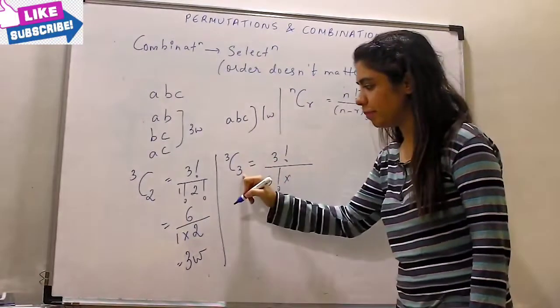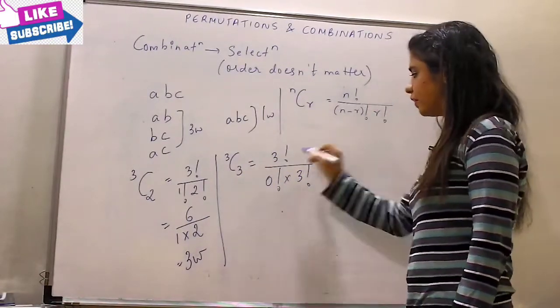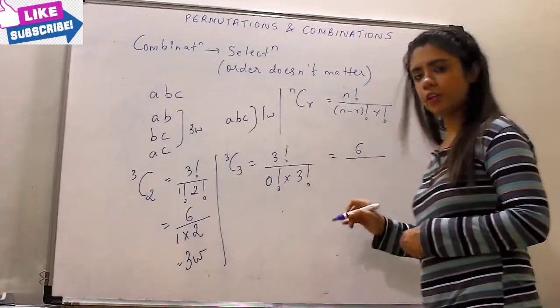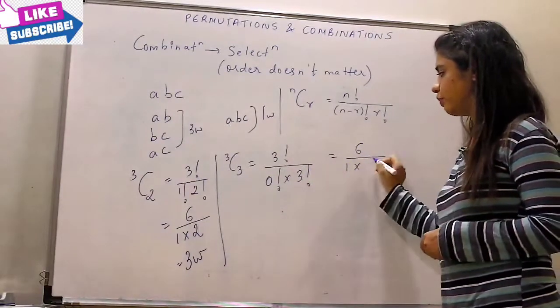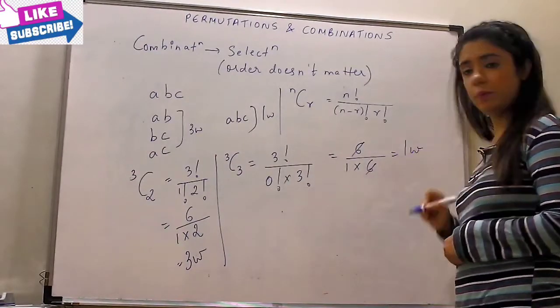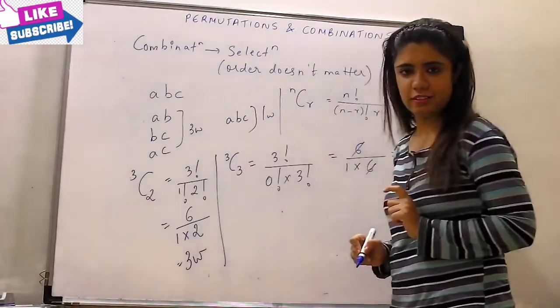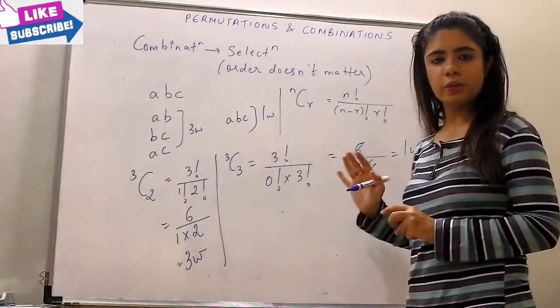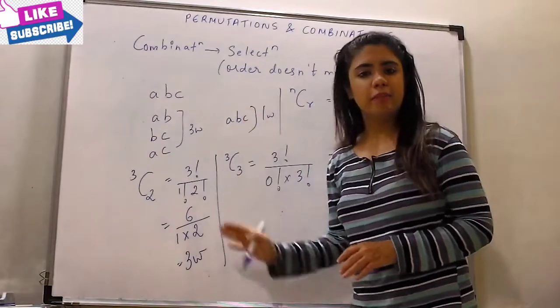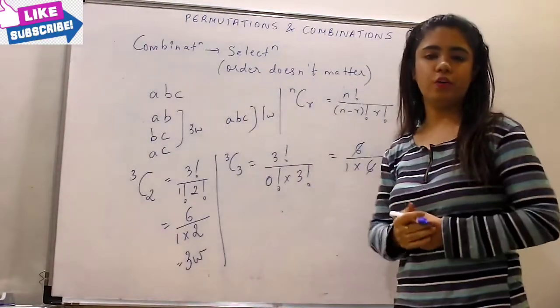R factorial is nothing but 3 factorial. 3 factorial is 6, 0 factorial is 1, into 3 factorial is 6. 6 gets cancelled, your answer is only one way, and hence you got only one way as your answer. Okay? So you don't have to write it manually, you can always use the formula and directly solve your question.